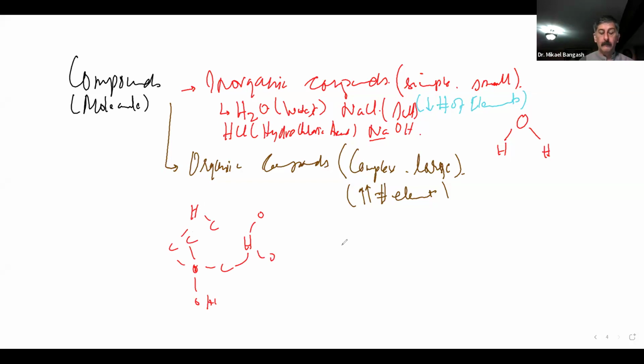Something like this is not going to be an inorganic compound, but rather an organic compound.